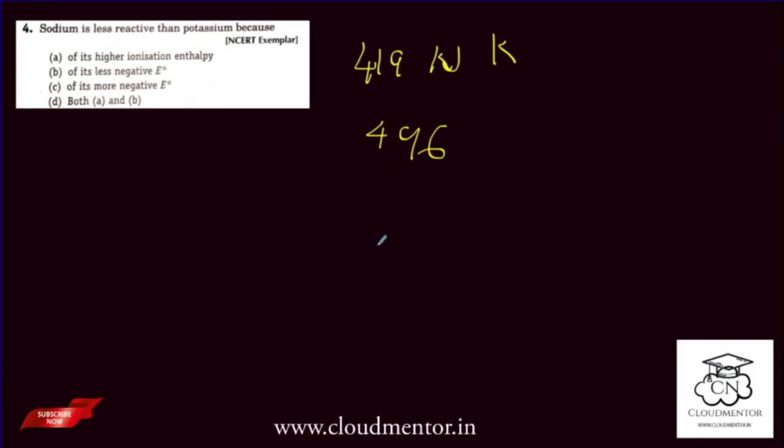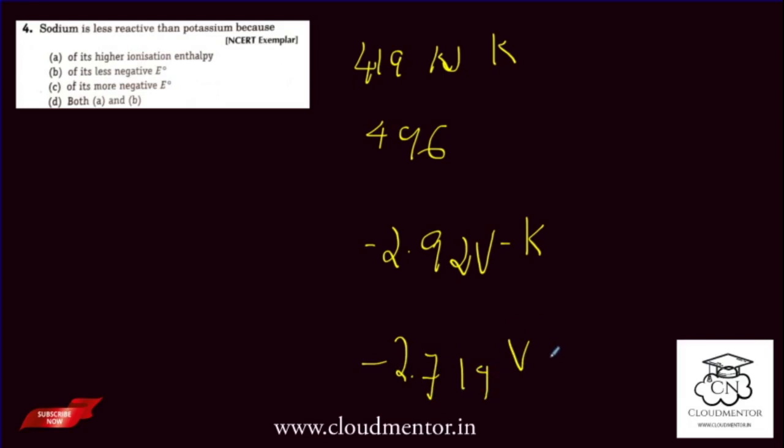Potassium has an electrode potential of about minus 2.925 volts, and sodium has a less negative one, minus 2.714 volts.